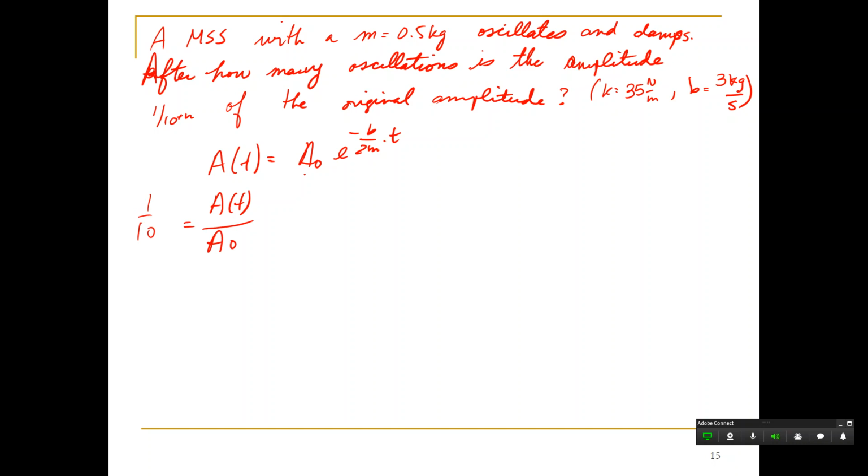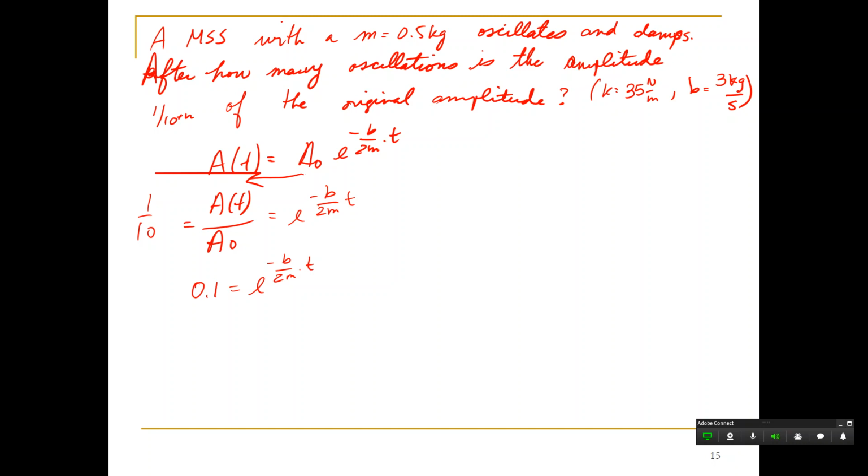So that means I just brought this down over there, and I'm left with this equation here. You guys follow what I did? I can rewrite this as 0.1 now because we're dealing with math. So 0.1 is equal to that decreasing factor.